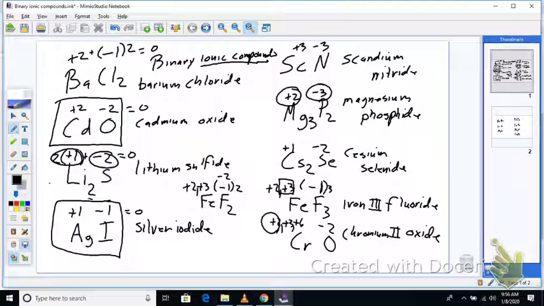You have to find a common charge you can get both of those to equal so they can cancel out. Like when you add 1/3 plus 1/2, what's the common denominator? 6. Same idea, a +2 and a -3, you got to get them both to 6. So that's why you need 3 magnesiums and 2 phosphorus.